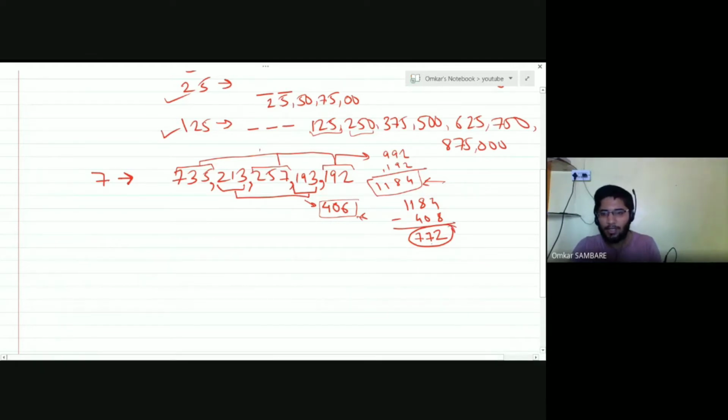Now let's see whether this number is divisible by 7 or not. No, 772 is not divisible by 7.